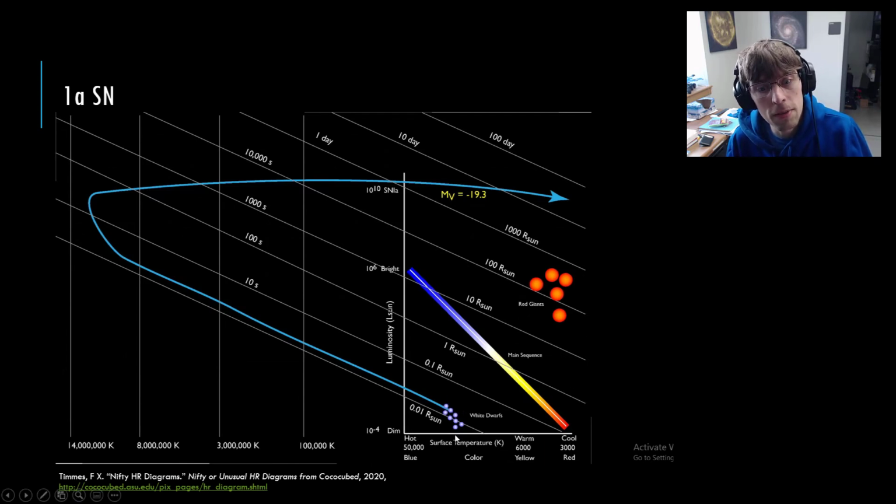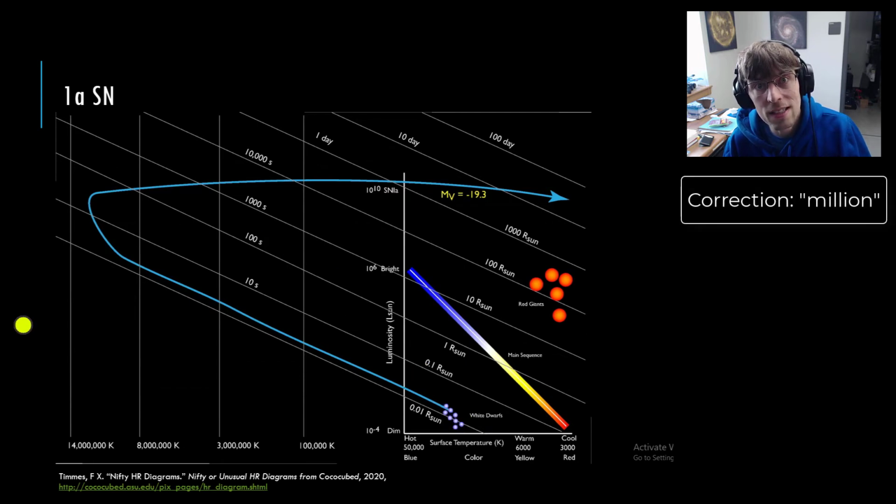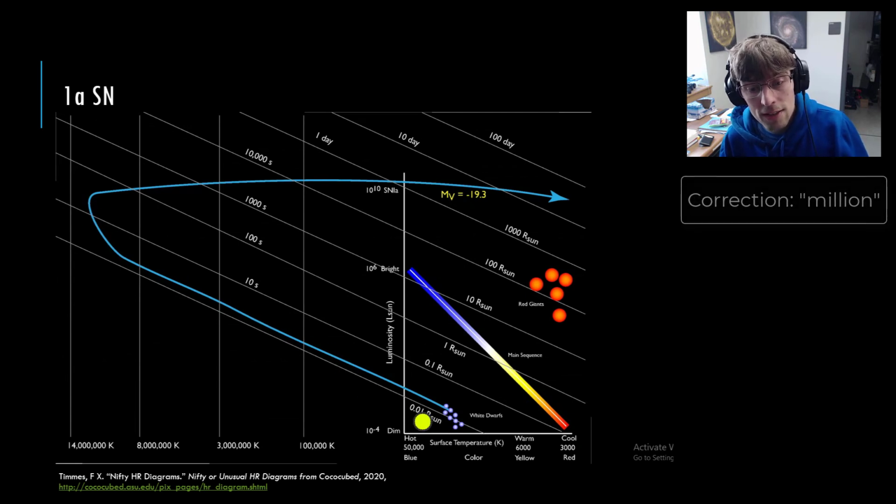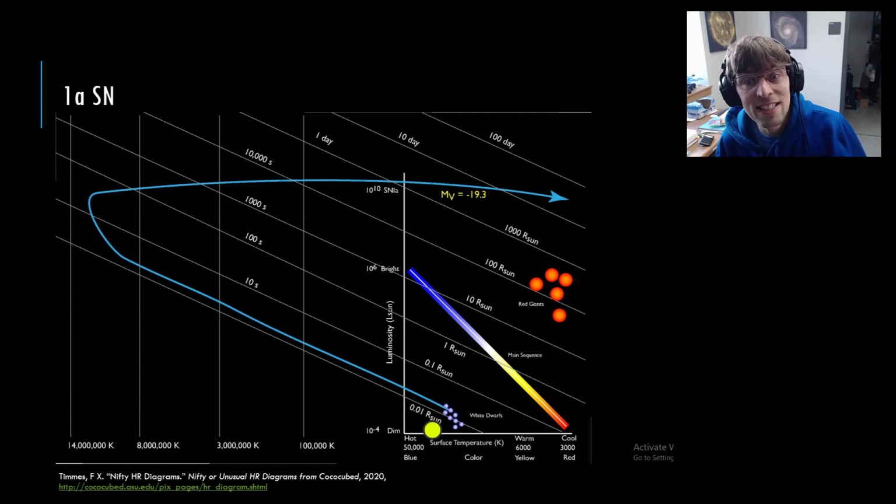But if they accrete enough material and they go through this supernova process, it takes about 10 seconds to go from this location on the HR diagram up to 14 million Kelvin. They go from 50,000 Kelvin to 14 million Kelvin in roughly 10 seconds. And incidentally, they go from something like 10 to the negative fourth solar luminosities up to 10 to the sixth.